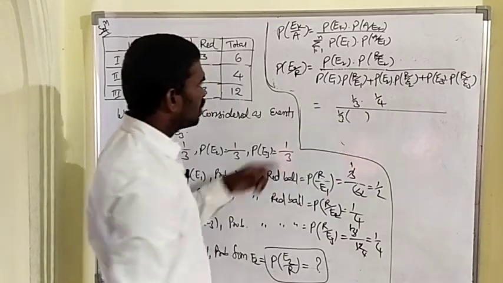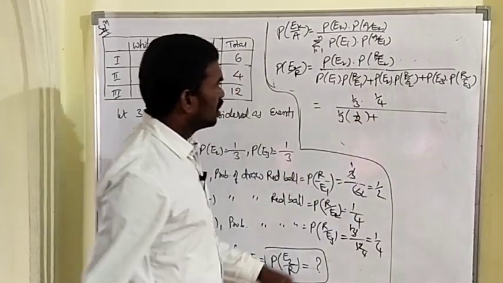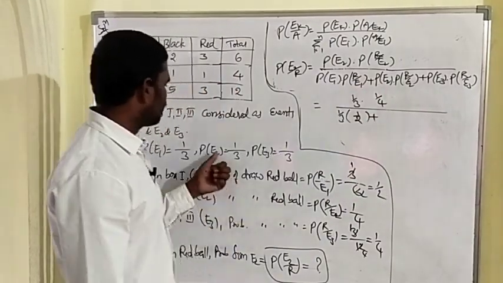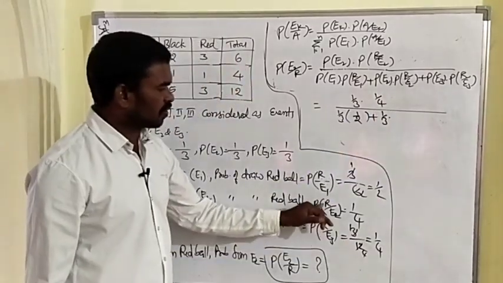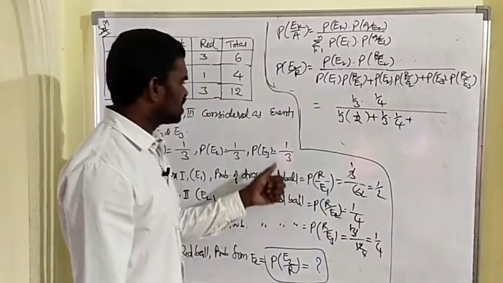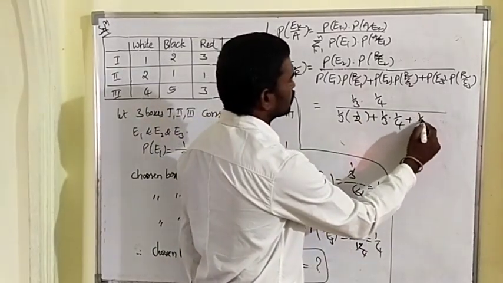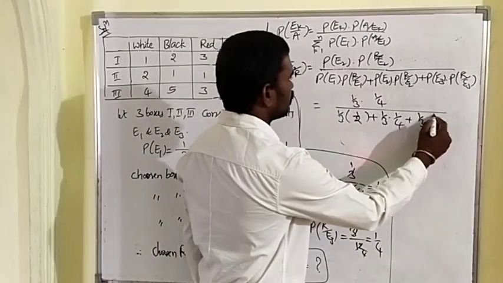Next probability of R by E1 is 1 by 2. Plus probability of E2, which is 1 by 3, probability of R by E2, which is 1 by 4. Plus probability of E3, which is 1 by 3, probability of R by E3, which is 1 by 4.